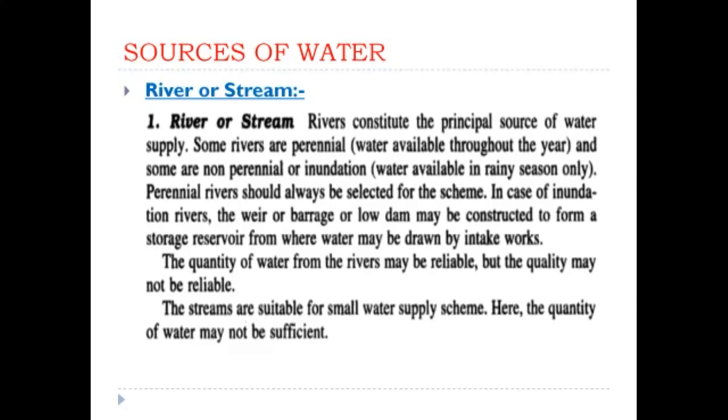In case of inundation rivers, barrages, weirs and low-level dams may be constructed to form a storage reservoir, from where water is drawn into the intake works. Another point is that the quantity of water from rivers may be reliable, meaning water can be pumped throughout, but the quality may not be reliable.